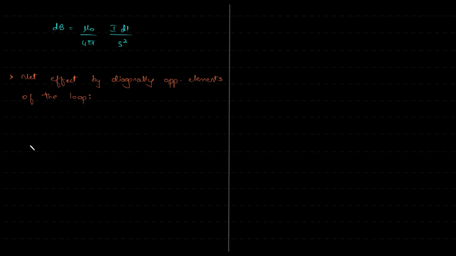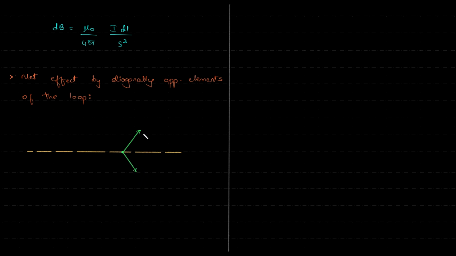If I consider this as your axis, sorry, not that, this as your point P. So we can see that this would be your dB by A and this would be your dB by B.